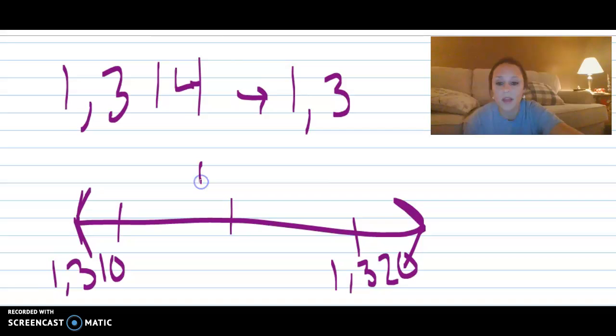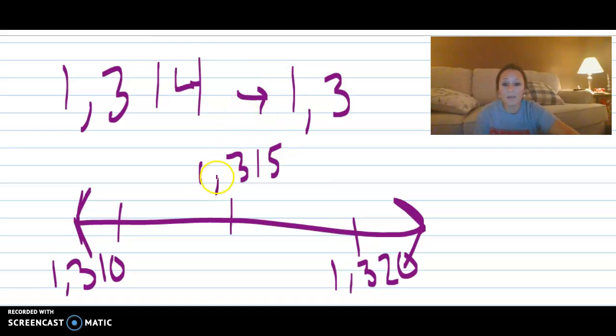Make sure you filled in the middle number for me. Did you write 1,315? If you didn't, please make sure your baby number line looks like mine. Awesome job. All right, here we go.